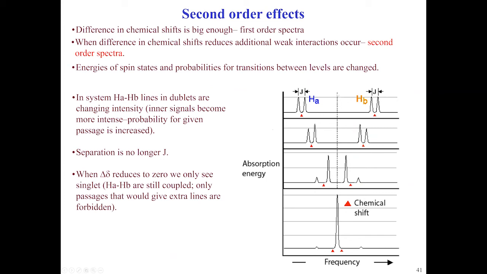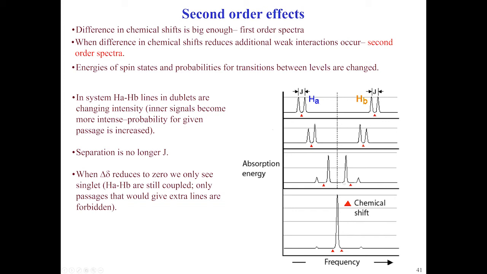So we know now the chemical shift interaction, so the position of a signal on the chemical shift scale, and then we know that 2 nuclei A and B here are coupled. But what happens when the coupling constant comes close to the chemical shift difference?